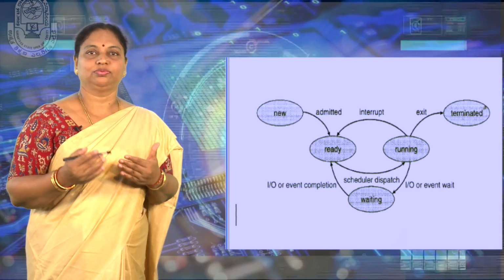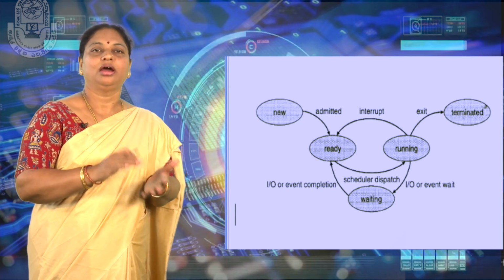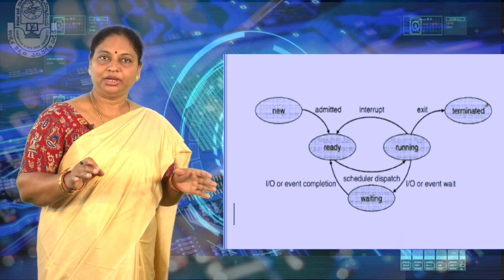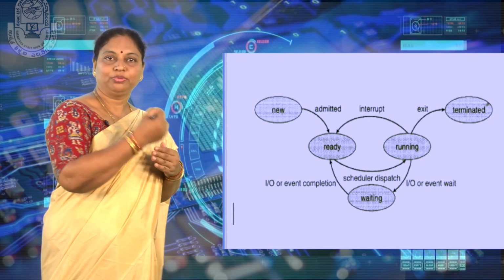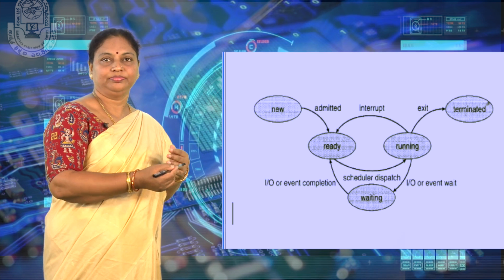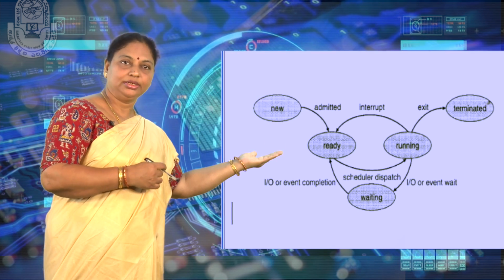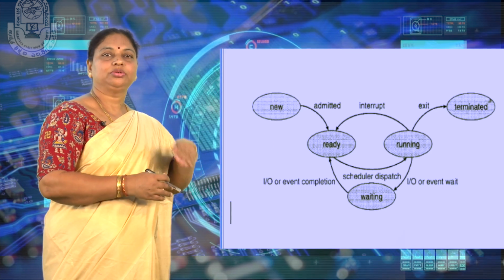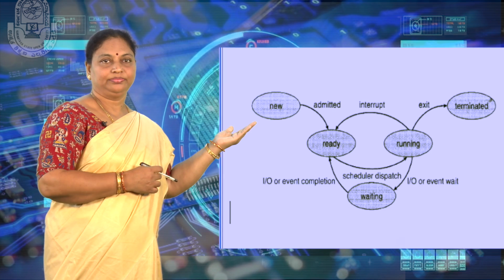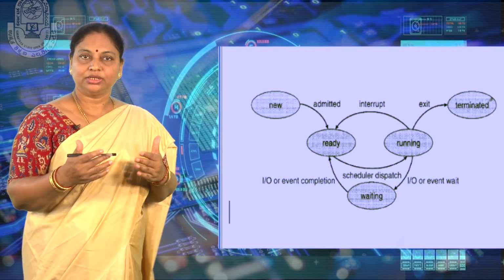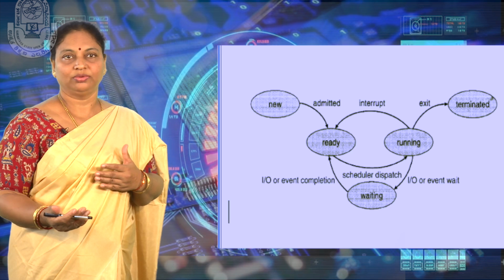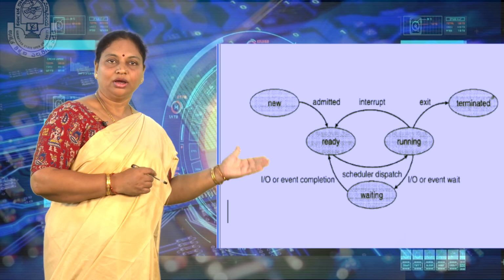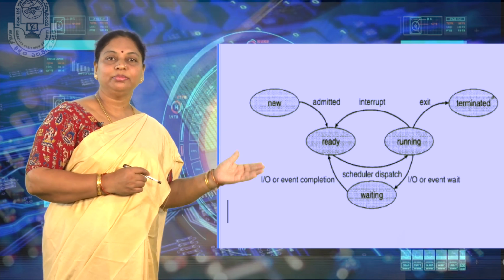Once the IO is over, that is once the input is given or output is sent to the output device, or once the event is completed, the process resumes execution by entering the ready state. So after wait, it should go back to ready state. Say the execution of all the instructions is over, then the process has finished its execution and now the process will be in terminated state.